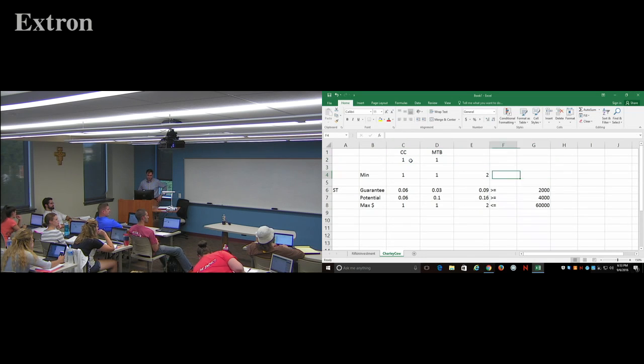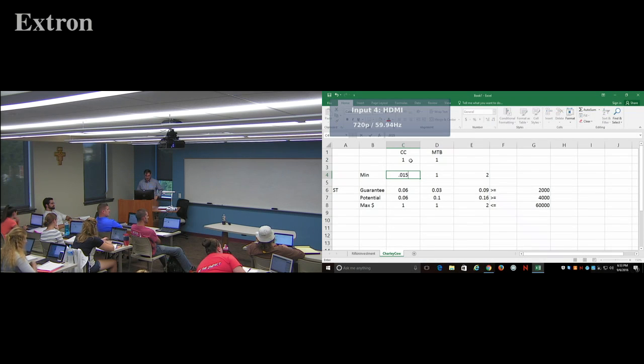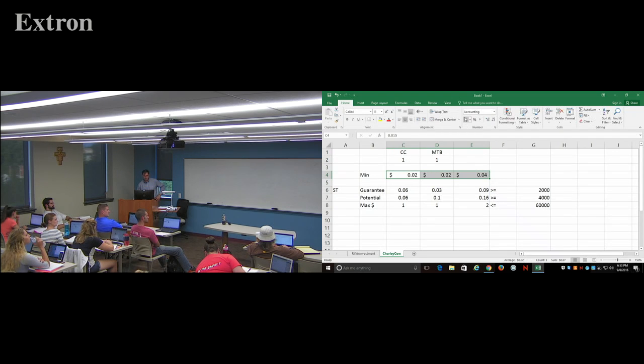That's extra, I don't need that. I want to focus on those coefficients. Remember, the coefficients are what matter. And it looks like 0.015 and 0.02 for what I'm minimizing. And these are currencies, so I'll make them currency.